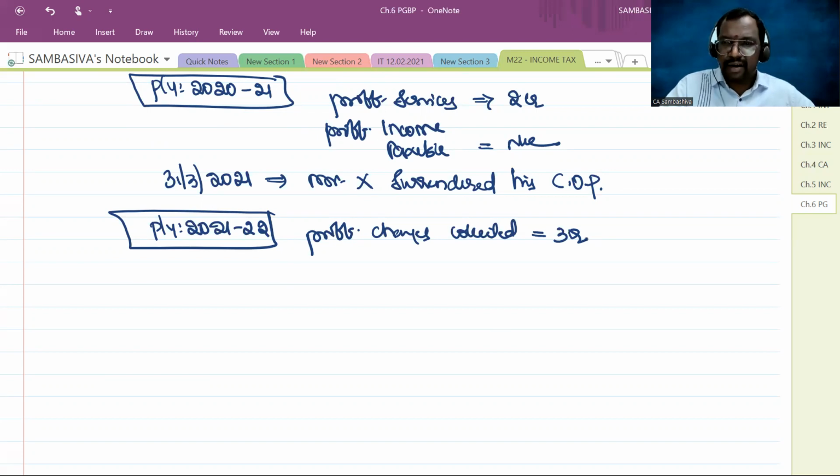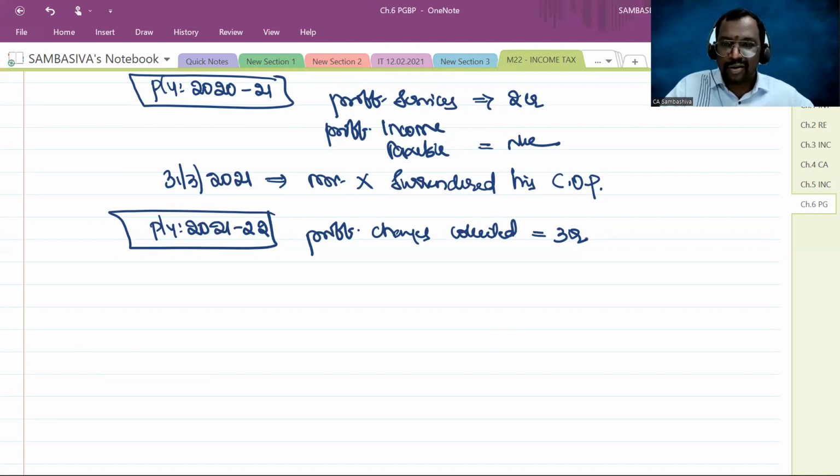Immediately the department said section 28, man, you are carrying on your profession. And as per the provisions of section 28 clause 1, any profits and gains arising from the business or profession shall be chargeable to tax. So the department gave the reference of section 28 clause 1. And immediately the assessee replied, okay, dear department, please read section 28 clause 1 thoroughly.